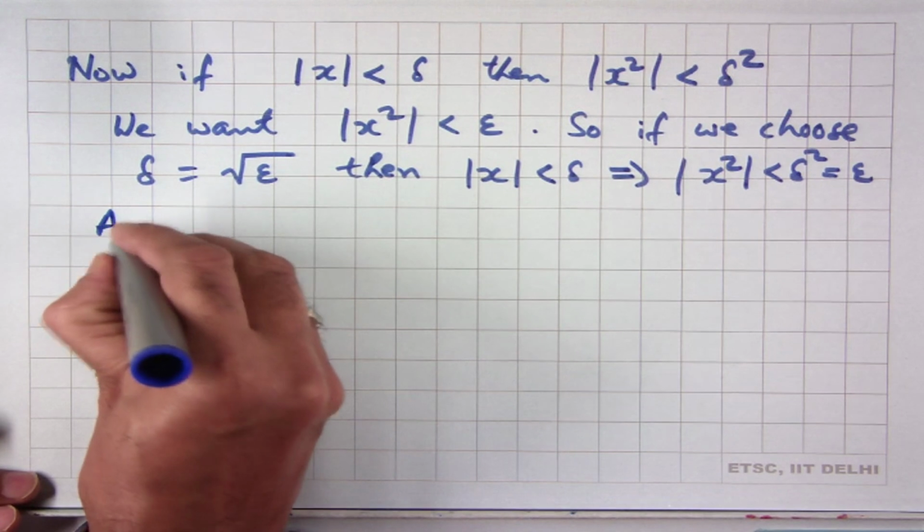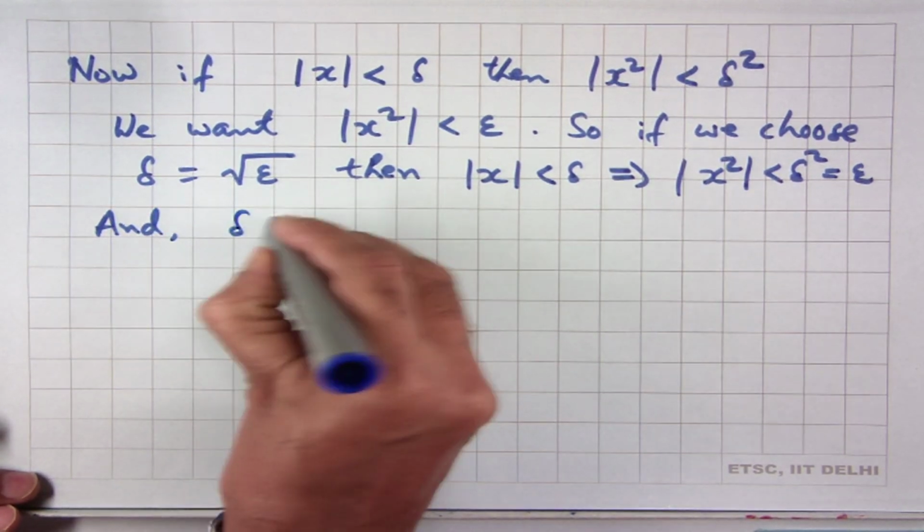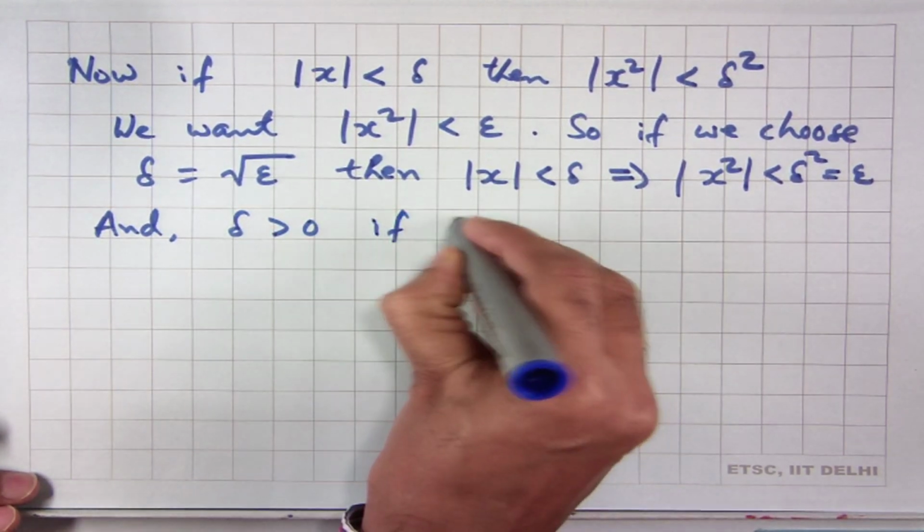And delta is of course positive if epsilon is positive.